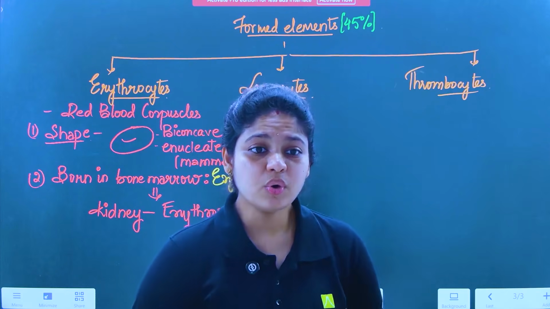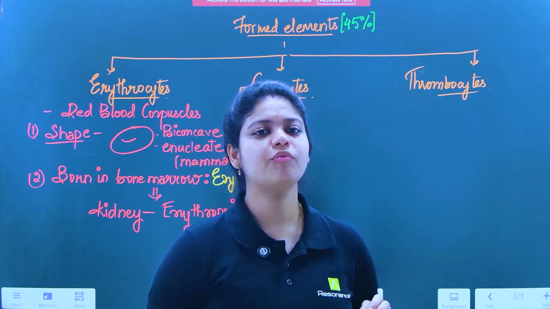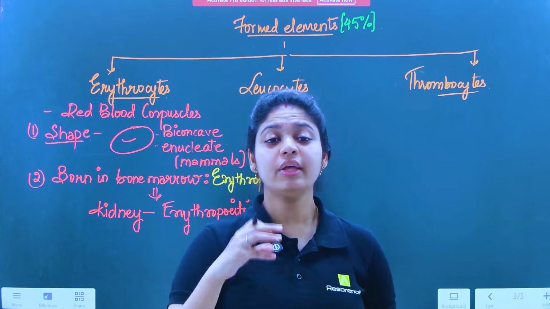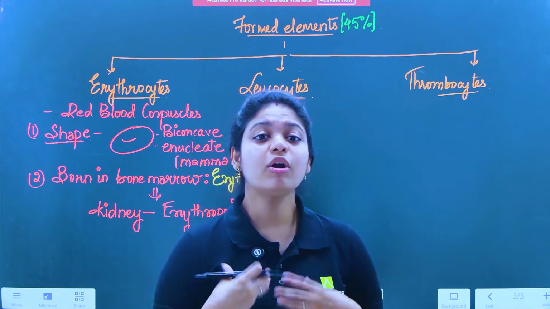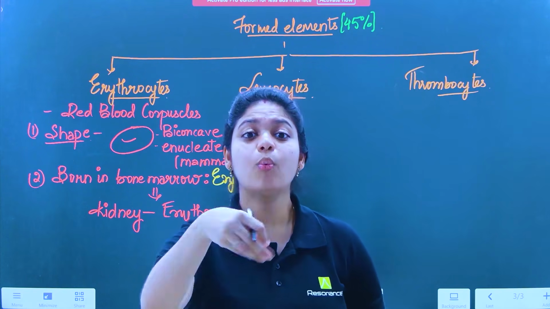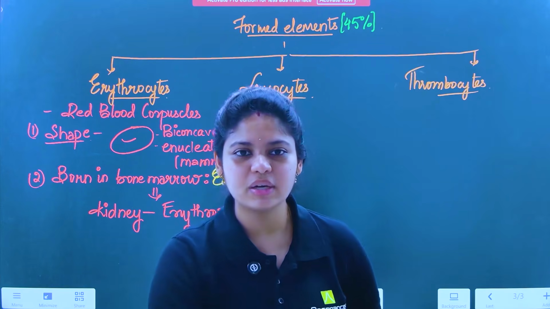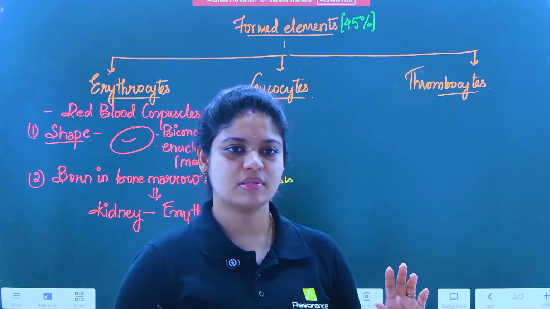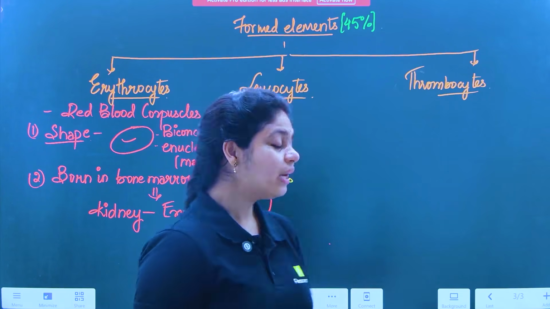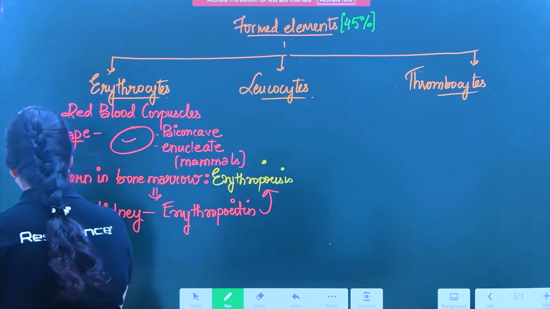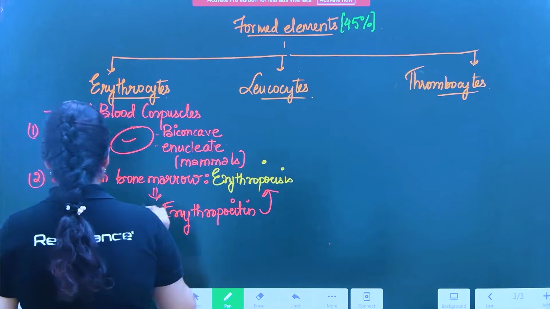Got it? So, there is a hormone which is released by the kidney. What is that hormone? Erythropoietin. What will this erythropoietin do? This will produce RBCs. What is the production of RBC called as? The production of RBC is called as erythropoiesis. Is it clear? Okay.